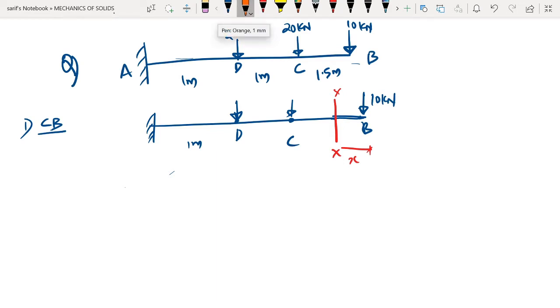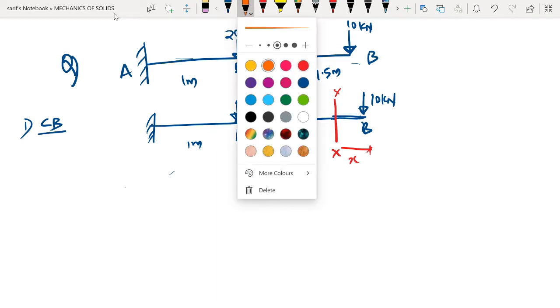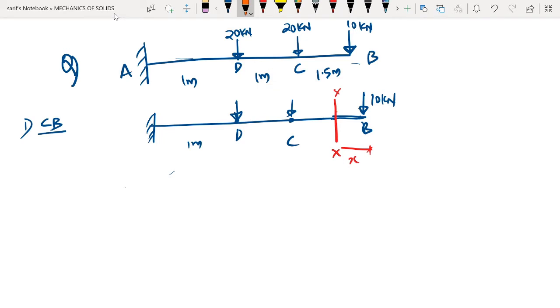To do that, we will be considering a small element near the section XX. Now we will try to zoom it out. So if you zoom it out, this would be XX. The positive conventions for shear force and bending moment we will draw. This would be the positive convention. So this is the set of forces that we are going to choose.